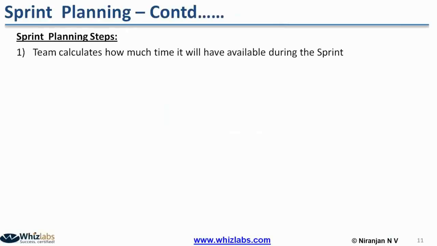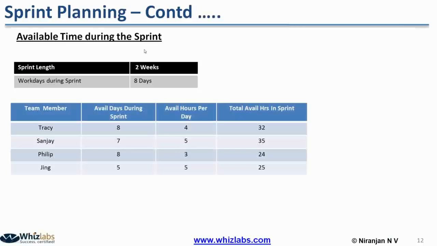The second activity in the planning meeting is to calculate how much time the team has got in that sprint. Let us take an example. Say there is a sprint length of 2 weeks and we have 8 work days. Assume 4 people are working for this team, and Tracy is available for 8 days only, for 4 hours per day.